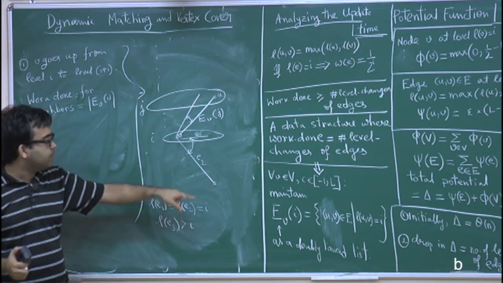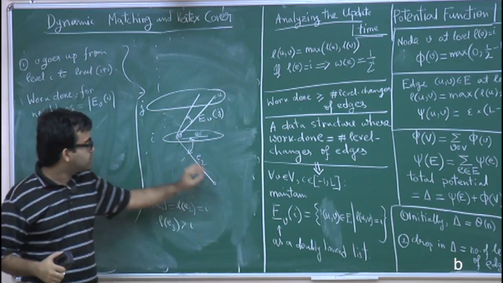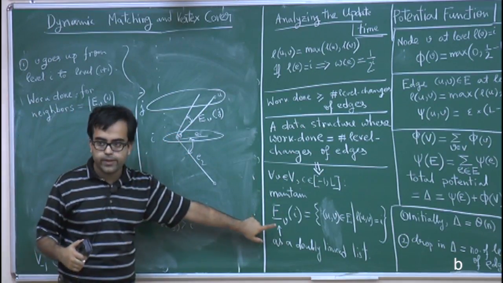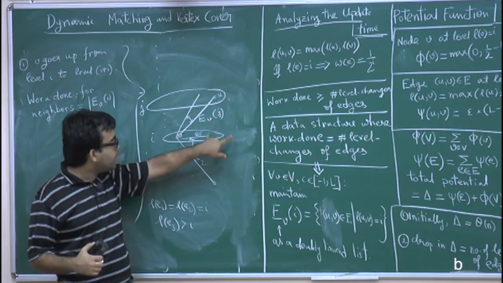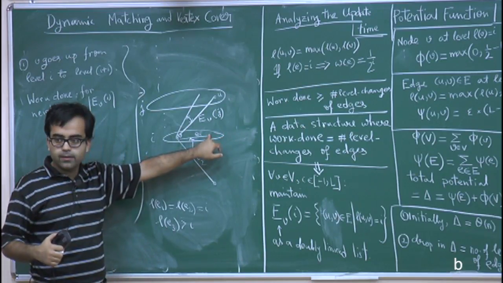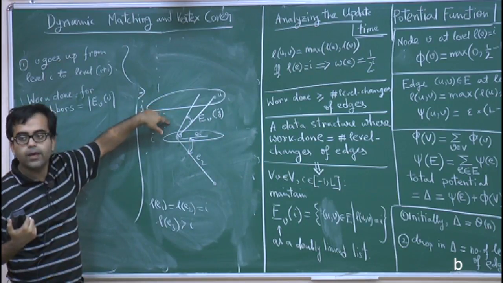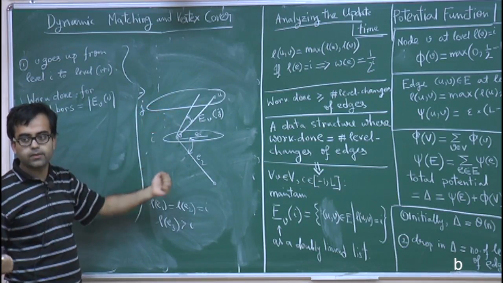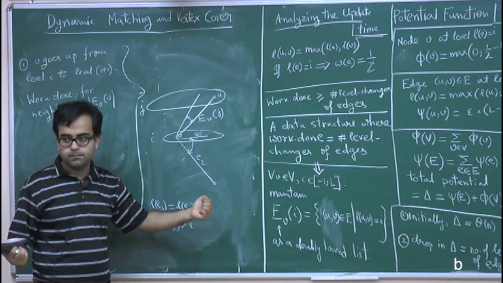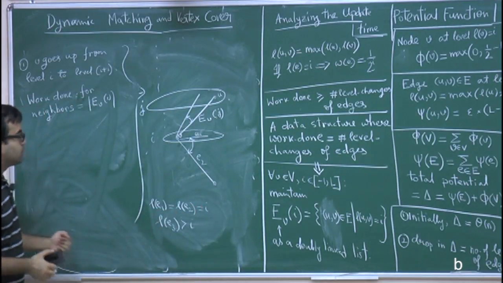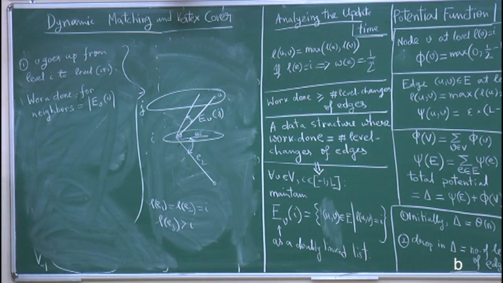You know what EV of I is, you just go through all the edges in EV of I, and for every edge look at the other endpoint and inform him that, hey, now this edge is going up to I plus 1. That takes constant time per edge. Clear? Okay.